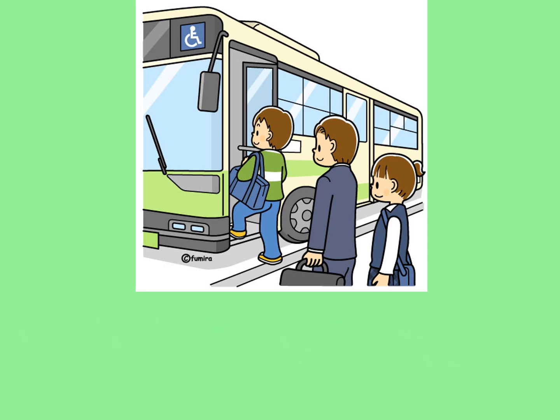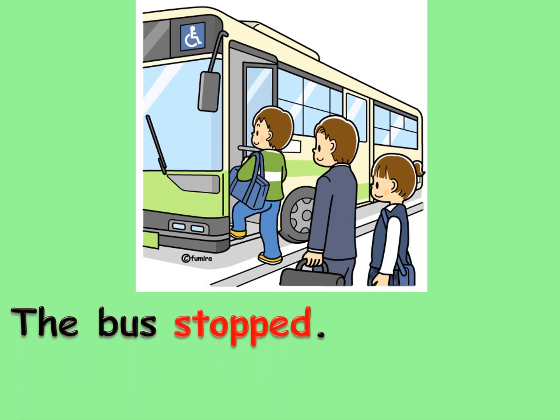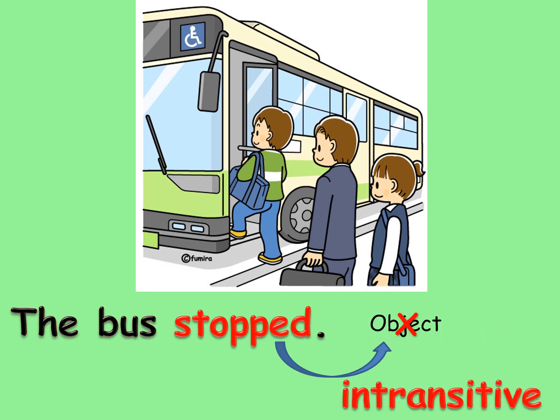If you describe the same thing from passenger's point of view, the bus stopped without them doing anything to the bus, then this stopped is an intransitive verb. There is no object on which an action can be exerted. By definition, an intransitive verb is a verb which does not take any object.